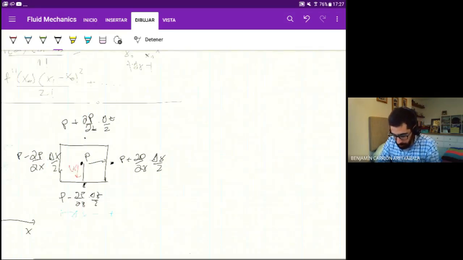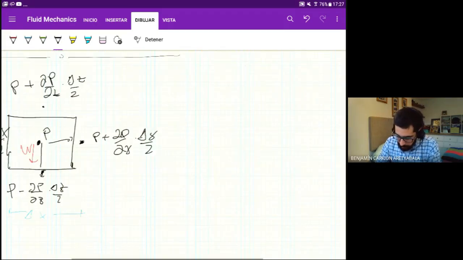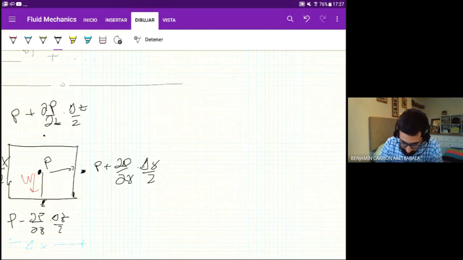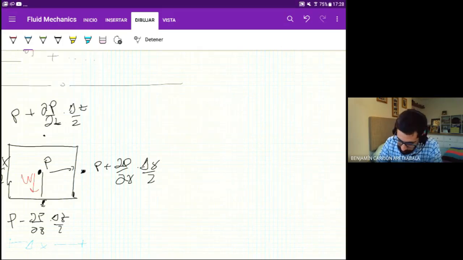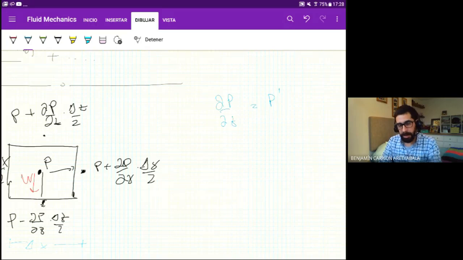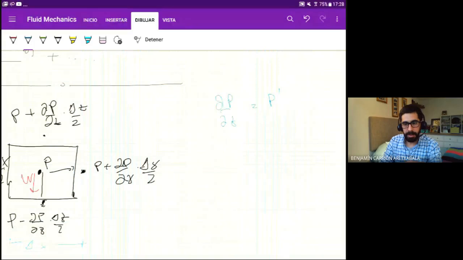Let me just take a detour here, and this is kind of a parenthesis. So dP at dz is nothing more than P prime, if you want. It is the derivative of P with respect to z. The thing is that we need to be explicit with respect to which variables we're taking the derivative.